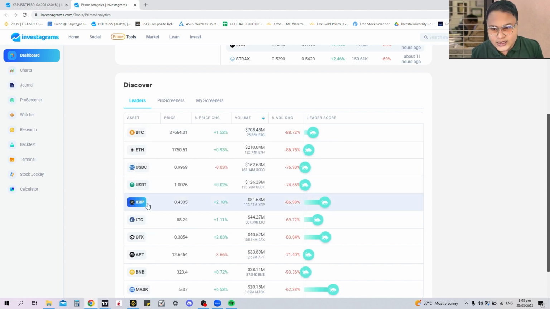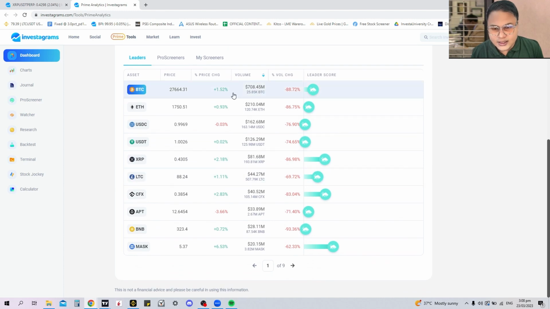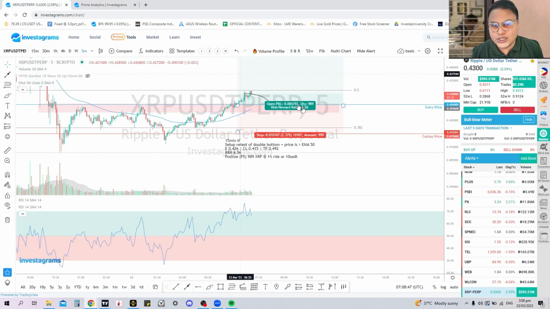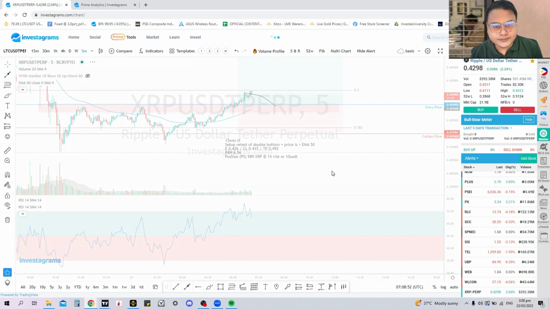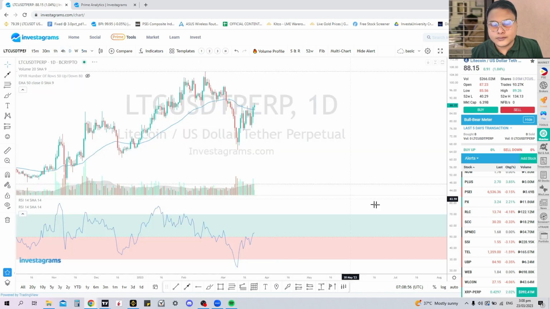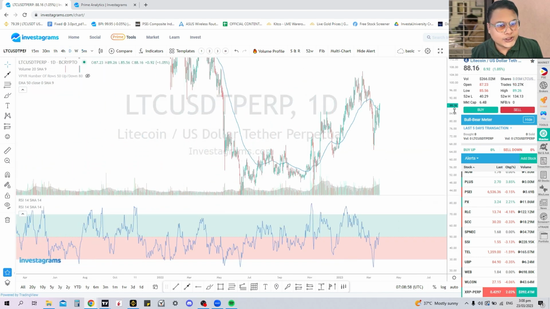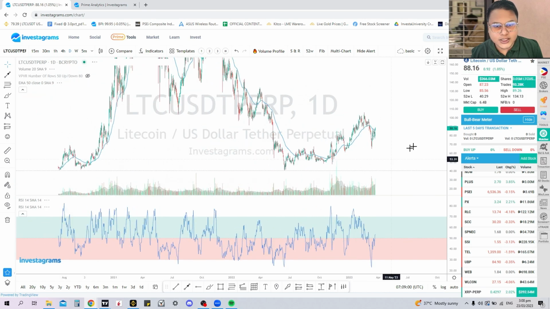And based on this rearrangement, BTC, ETH yung leaders natin obviously. And we have another leader which is LTC, no? LTC. So let's look at the chart of LTC USDT perp. Ito yung chart niya.